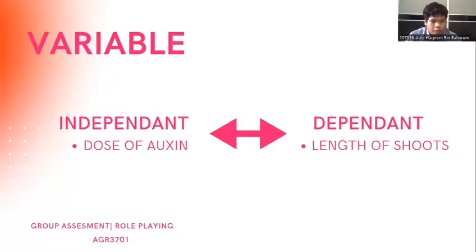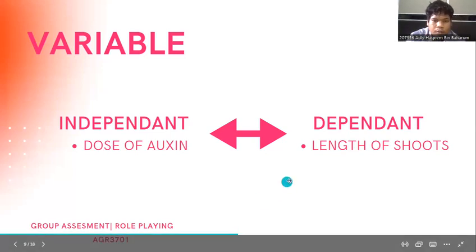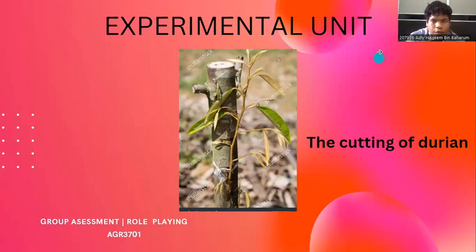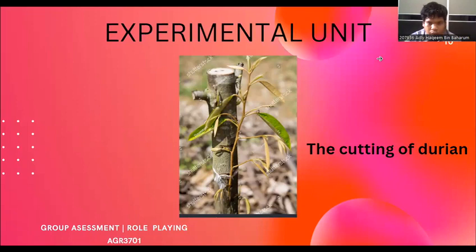There are 2 variables for the experiment. First, the independent variable, which is the dose of auxin, which we can manipulate. And the second one is the dependent variable, which is the length of shoots. The experimental unit for this experiment is the cutting of durian tree.